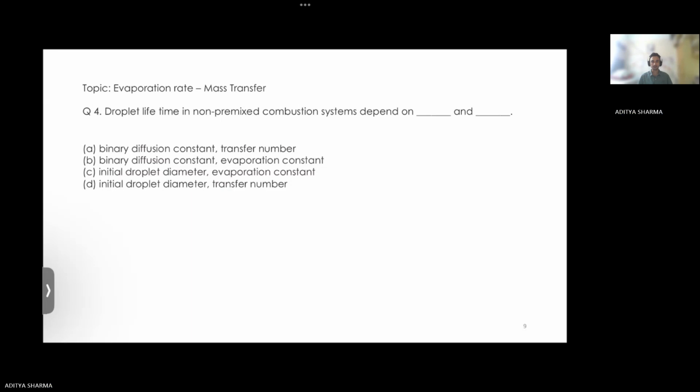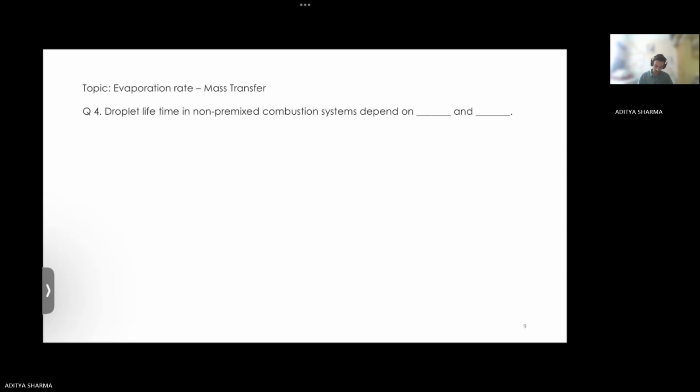Okay. So when will that happen? When the diameter of the droplet will come down to zero. Correct?